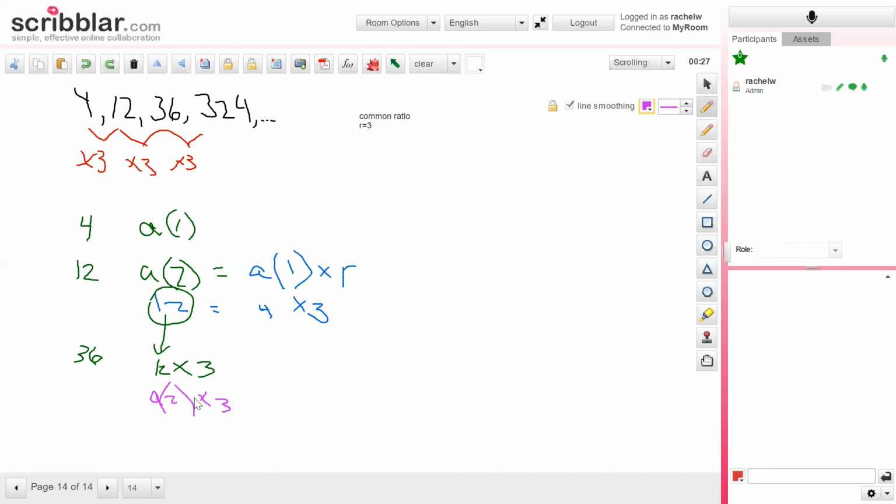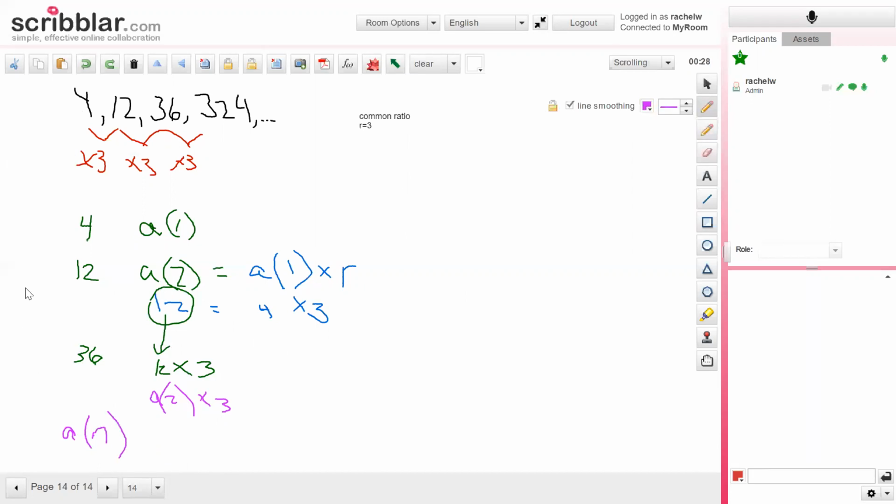So if you're starting to see the pattern, basically what we're looking at is A of, well, let me write it over to the left. So if we have A of n, and this is our list of terms in the sequence.